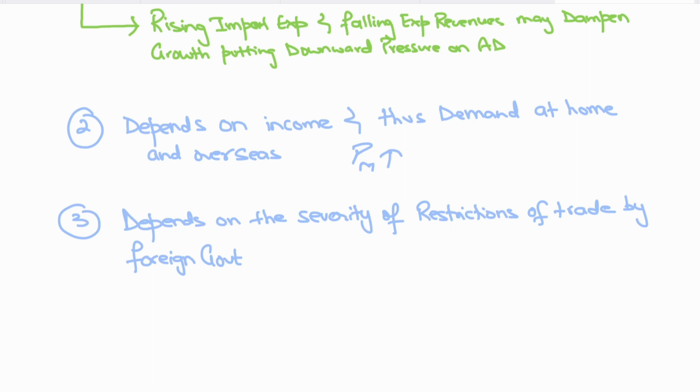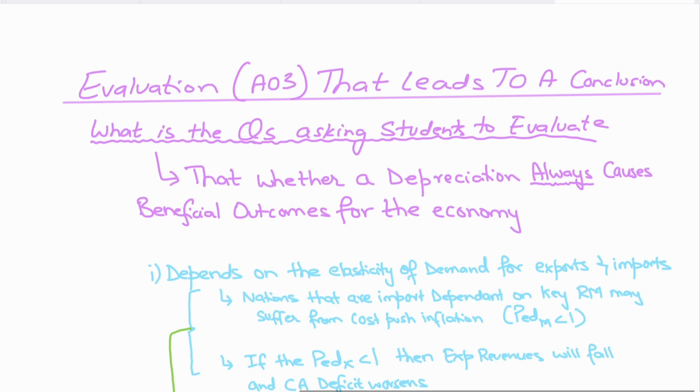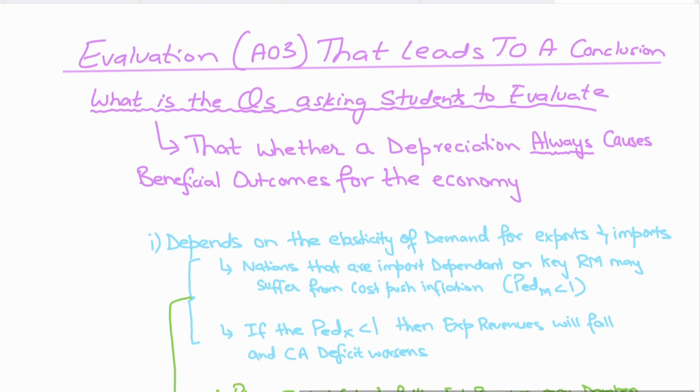So our export revenues will not go up, right? Although this point is not relevant for this question, the World Trade Organization has been doing a lot of work over the last two decades in allowing more open and free trade, right? So trade barriers internationally have decreased. Okay, so that's what evaluation is in here, and then you'll end your answer by concluding.